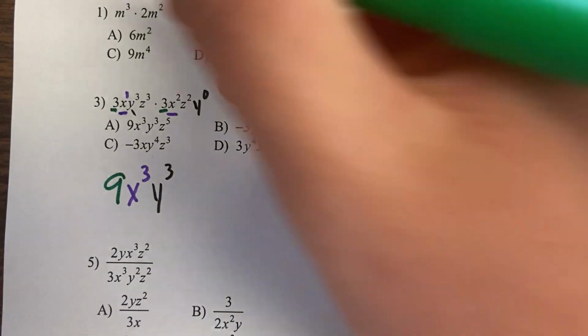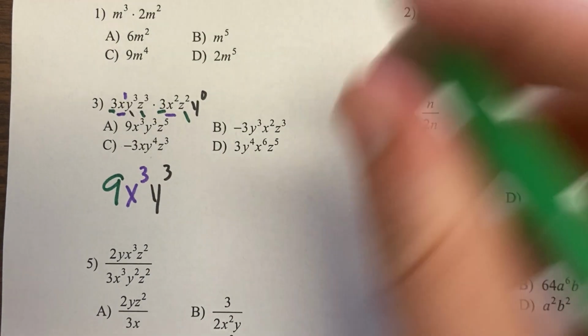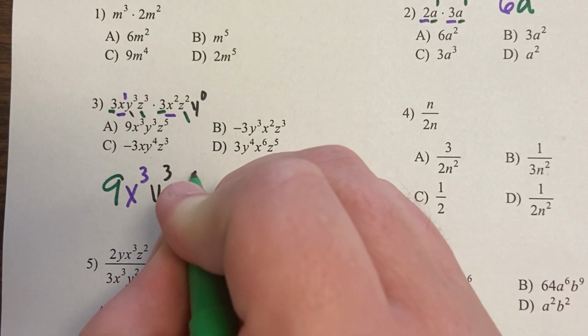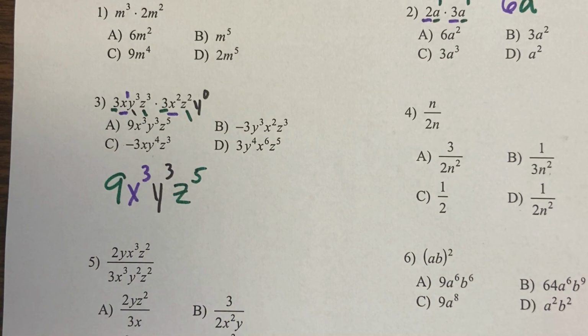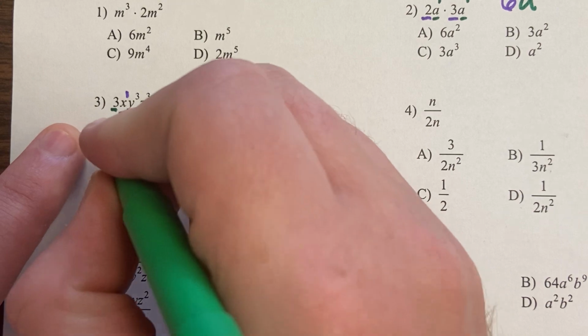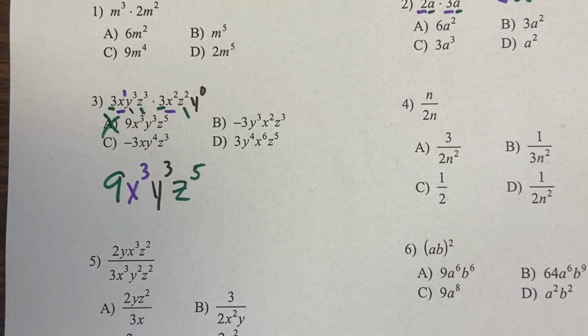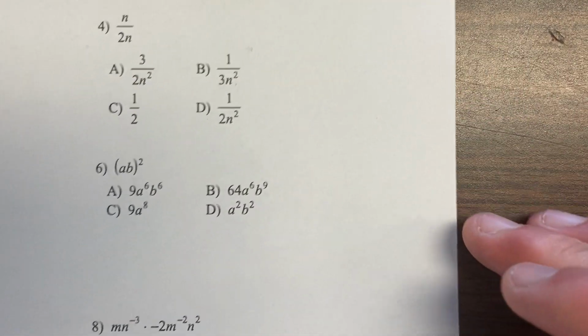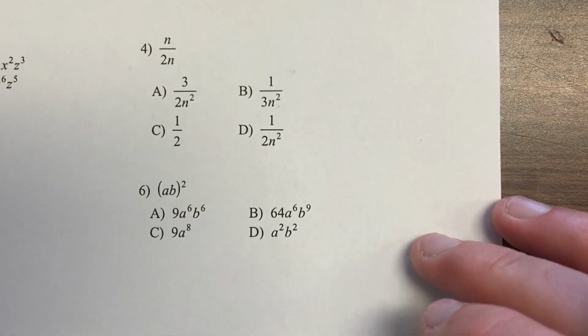Sorry, I hit the camera. We've got some z's. I've got z to the third. I've got z squared. Again, we're multiplying, so we add 3 plus 2 is 5. And we can see that 9, well, this is the only thing that has a 9, so our answer should be an A.